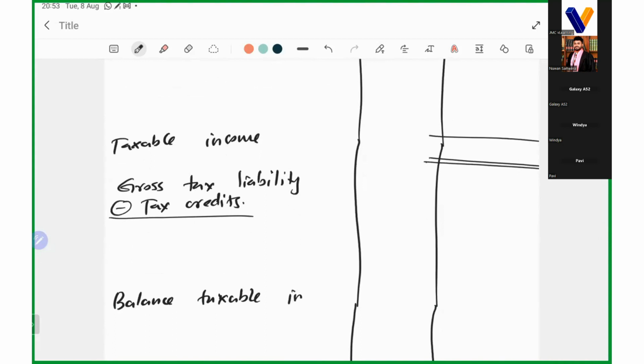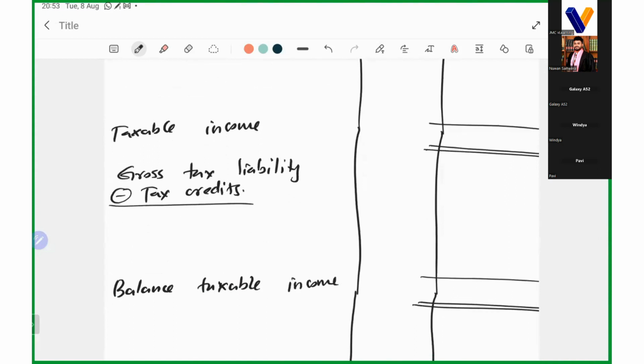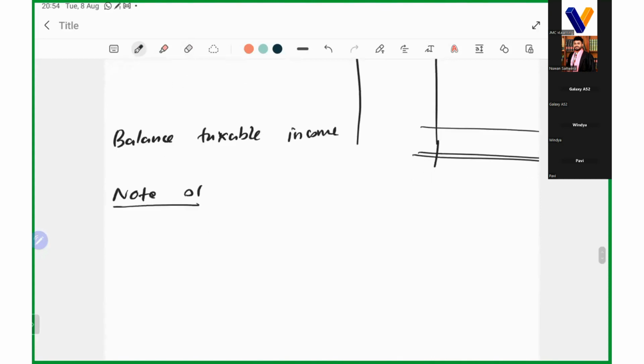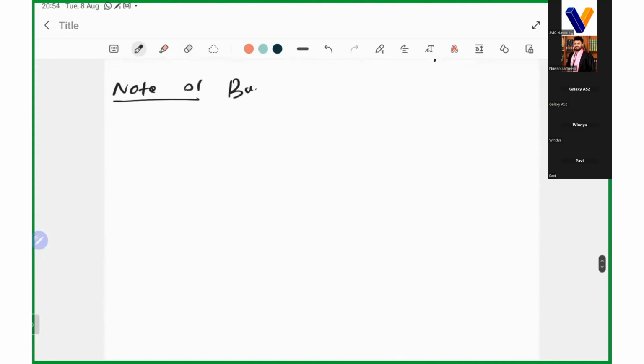Balance taxable income. So in what situation do we have to deduct the personal allowance or personal relief?